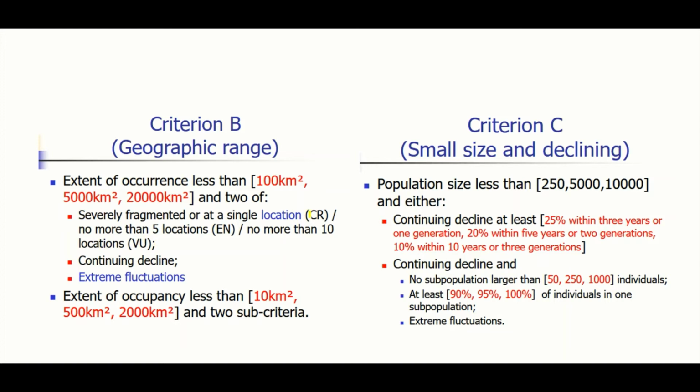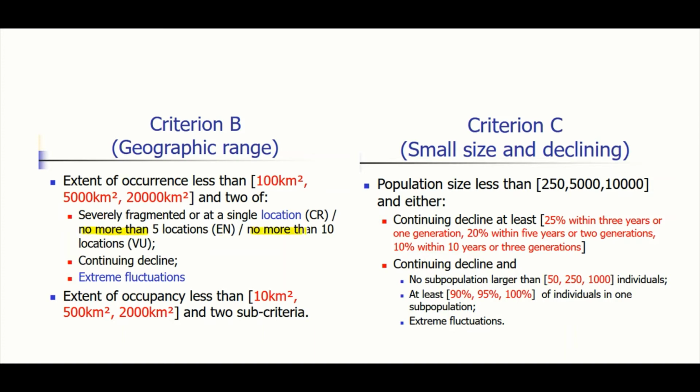So you can see that if it's critically endangered, it is severely fragmented or at a single, just one location within those regions that extend either this or this. Then if you have just maybe 1 to 5, that is endangered.